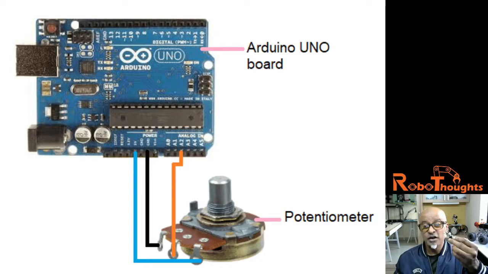Only that pin has to be connected to any of the analog pins of the Arduino. Here in this drawing I am showing it connected to A2, which is one of the analog pins. And of course there's a ground and VCC pin on the left hand side. The ground will go to ground and the VCC pin will go to your 5 volt. That's the way it works.